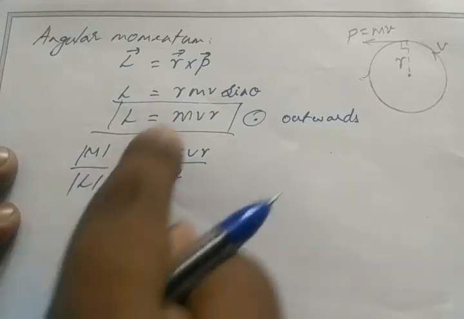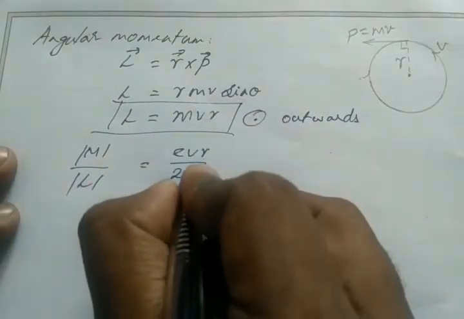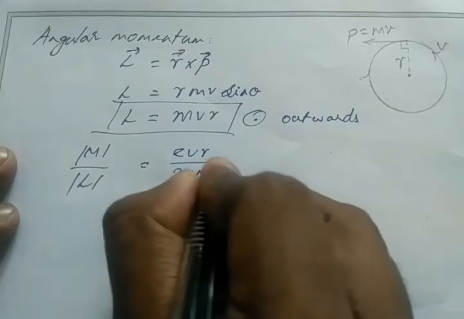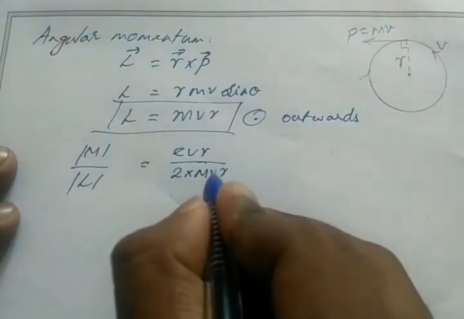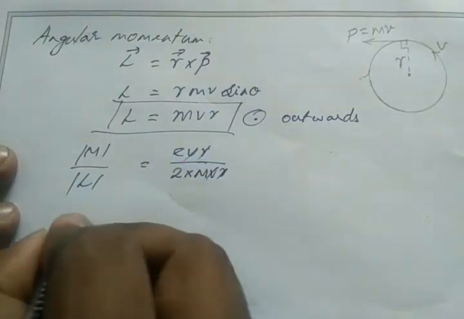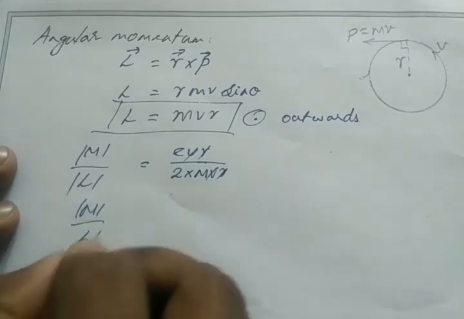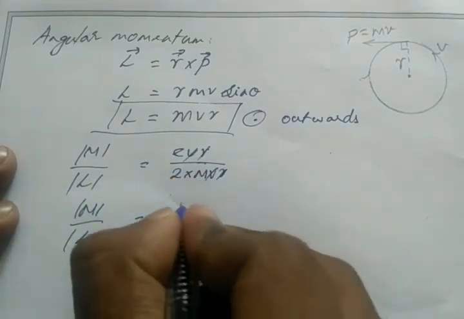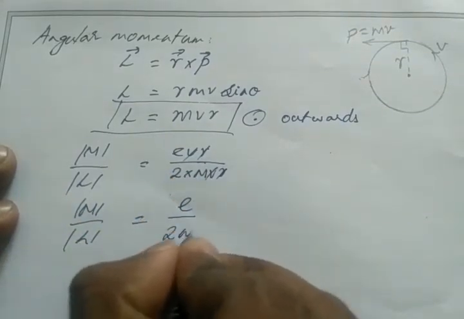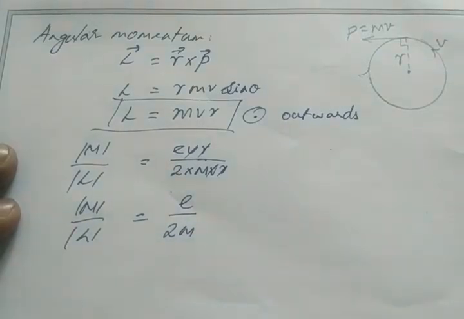What is L? We just found mvr. So 2 into mvr. vr gets cancelled. Then M by L ratio will be equal to e by 2m. Very much important ratio.